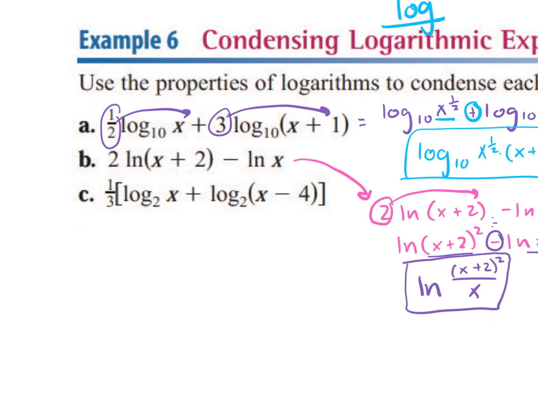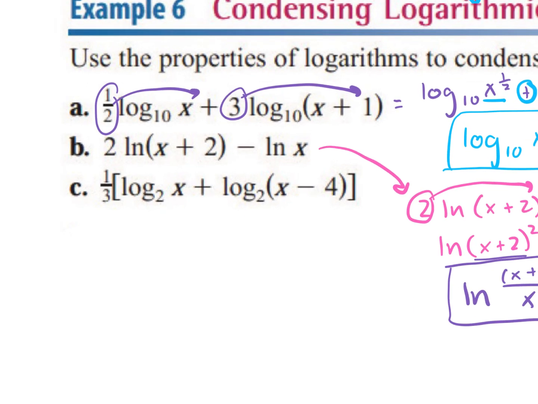All right, for C, I have that coefficient of 1/3 in front of everything. So I could distribute it to this log and to that log. So it would be 1/3 log base 2 of x plus 1/3 log base 2 of x minus 4.